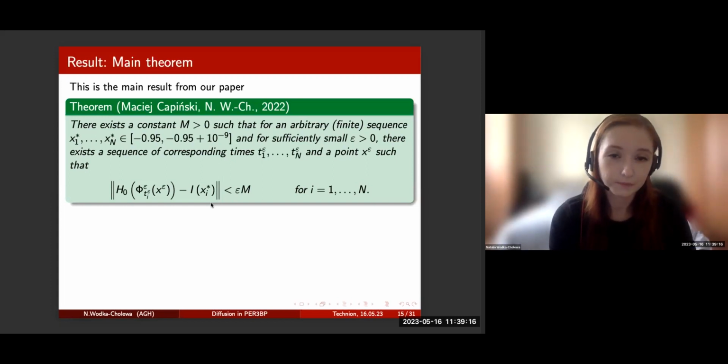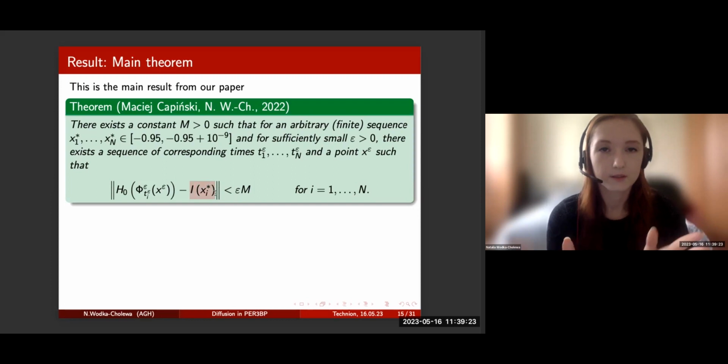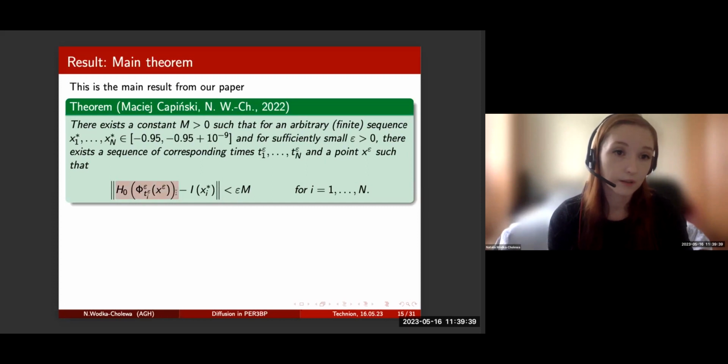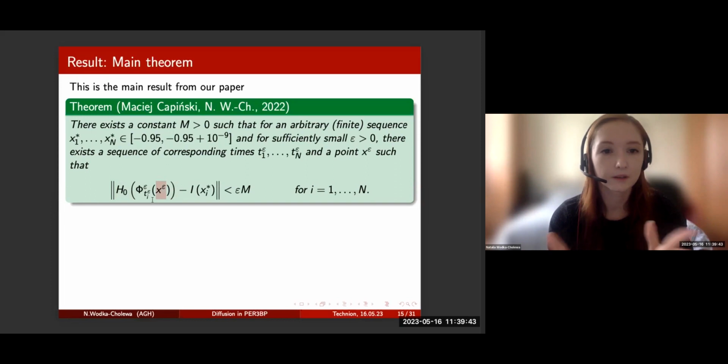And as you see in this inequality, we have I star. It's an energy level for the value from this interval, so for some starting point for our Lyapunov orbit. And here we calculate the Hamiltonian, so the energy level, for some point that we reach with a trajectory for some time in the perturbed system.